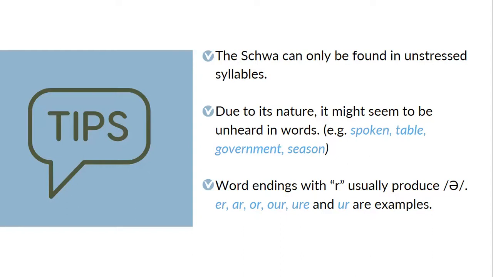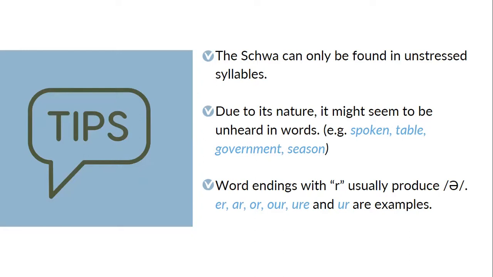I didn't say a hard "table." So between B and L, the schwa sound is there. Government. So in government, you have the schwa sound between V and N, and also between M and N. Season. Same there, the O is being represented by the schwa sound.